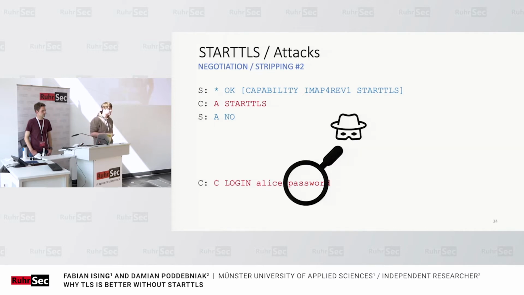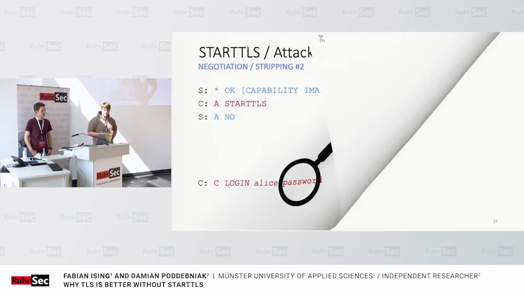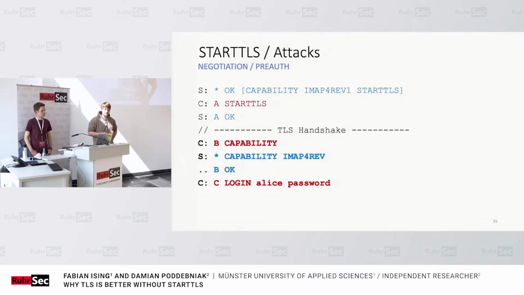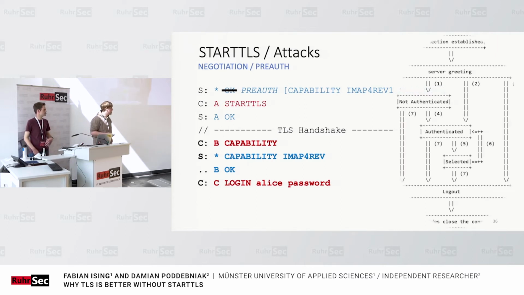Now I think there is an even more interesting case, and this is called the pre-auth greeting, or the pre-auth attack. Here we changed the greeting type itself by exchanging the OK response with a pre-auth response. It is not clear what happens in this case, and to understand it, we need to look at the IMAP state machine. IMAP defines multiple types of greetings that transition the client to different states.